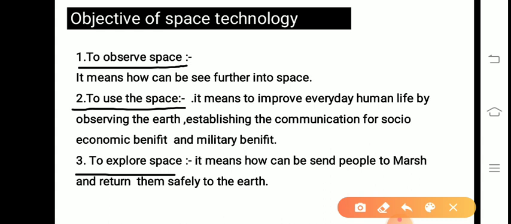Therefore, for military benefit and for socio-economic benefit, we must move into space. This is the reason why India, like Russia and America, also developed its own indigenous space program, and India is the only country which embarked on development of a space program in a civilian domain.